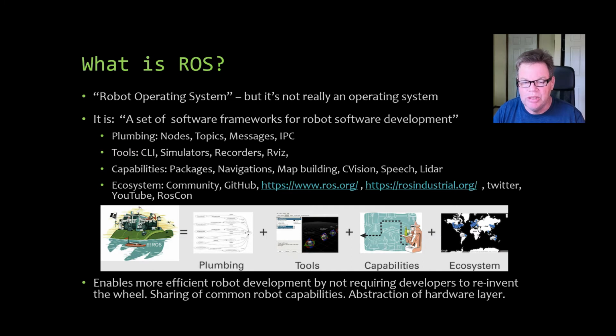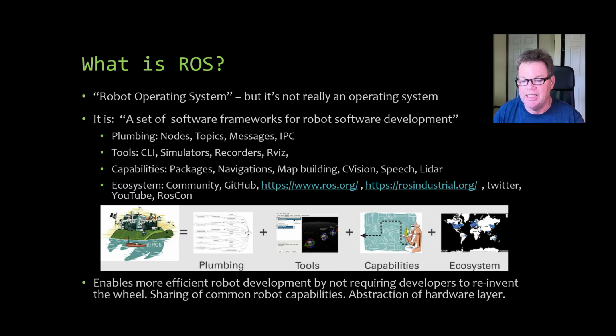Also, there are tools that ROS provides. There's a CLI, or command line interface, you can use to manage the ROS components. There are simulators, so you can simulate using a robot. You don't even need a hardware robot. There are recorders, so a lot of times it's useful to be able to record what's driving a certain node in ROS and replay that recording for testing.